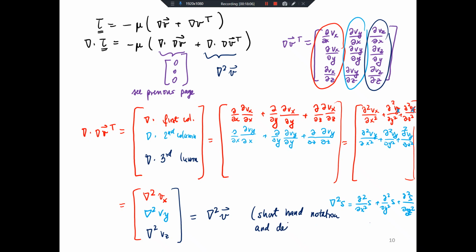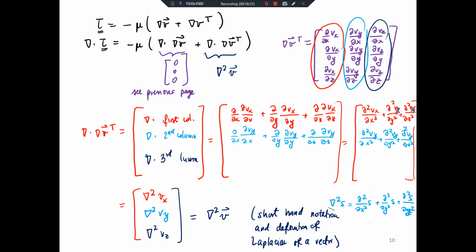And this is the definition of the Laplacian of a vector. Note that this is the Laplacian of a scalar function. And that is it for now.